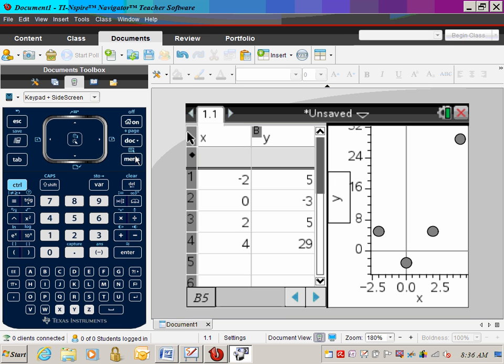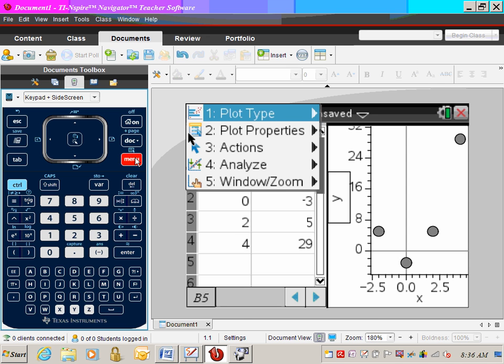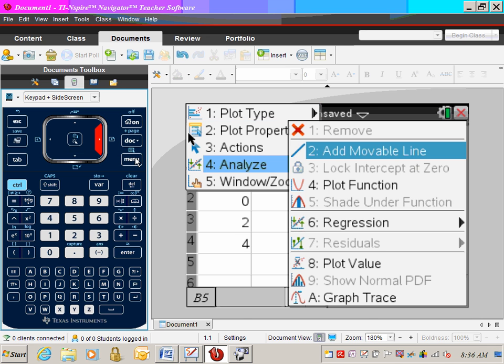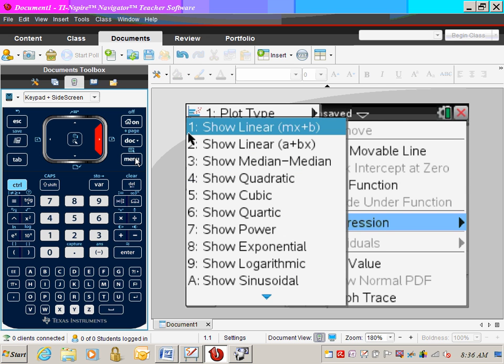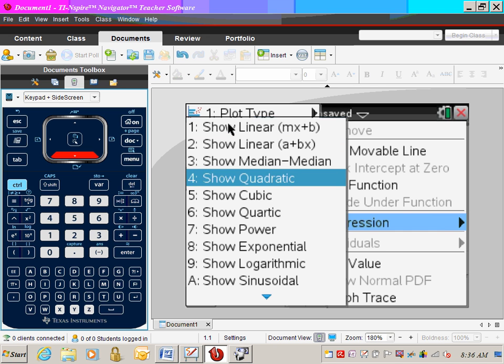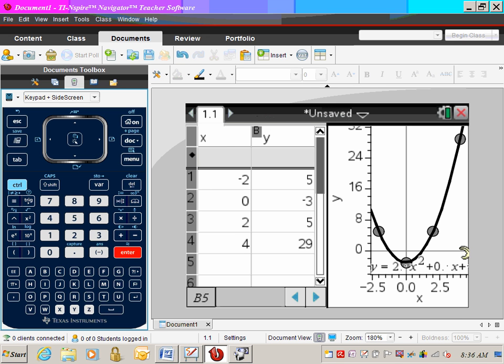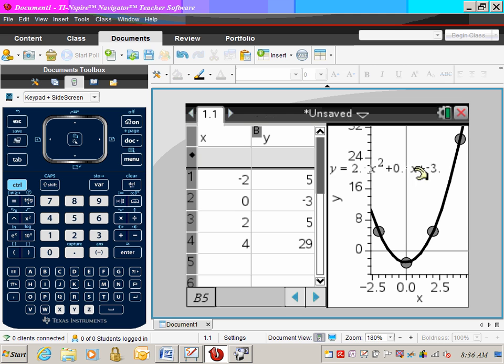Okay, now to get the equation, we're going to go back to menu. Analyze. Regression, but now we don't want linear, do we? No. So what am I going to go to? Show quadratic. And then we're going to want to pull this where we can read it, right? So my equation is going to be y equals 2x squared.